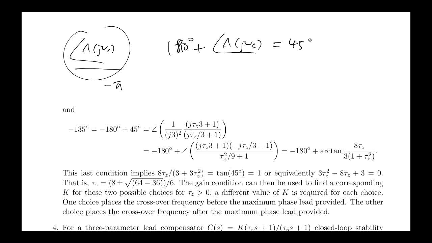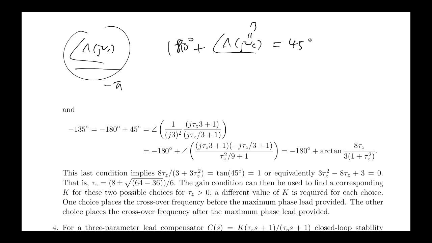So the phase margin condition is basically telling us that this needs to hold when omega c is equal to 3. So it's telling you that the phase of the open loop transfer function at 3 radians per second must be equal to minus 135 degrees, right? Saying I want the phase to be 45 degrees above minus 180. That's what the phase margin specification is telling you.